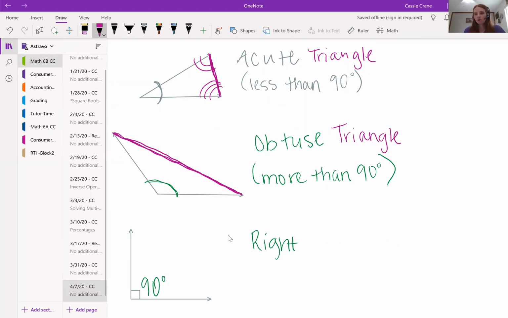They can't all three be obtuse like the acute triangle where they were all three acute, because then it wouldn't connect. If we had all three obtuse angles, it would just go all different directions and never connect to make a triangle. So in this case, it has one obtuse angle to be an obtuse triangle.